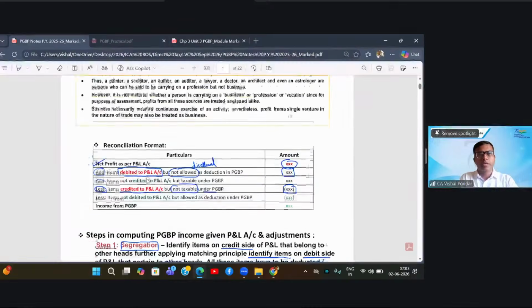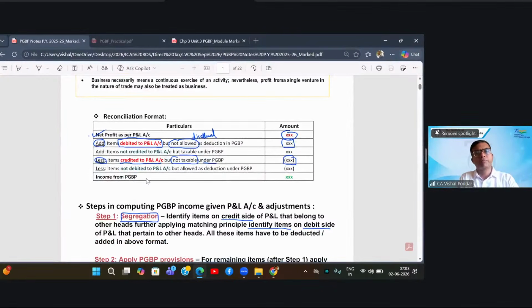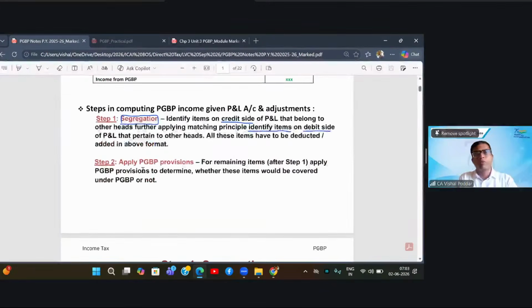So, basically, we have this format in which we take the starting point as net profit of accounts, that is our P&L account, and to that we add and subtract those items which are different between accounting P&L and income tax PGBP income computation. For this, we follow two steps.